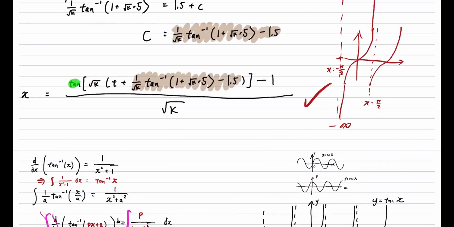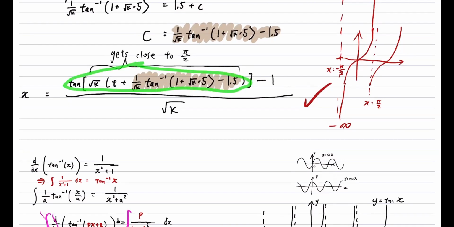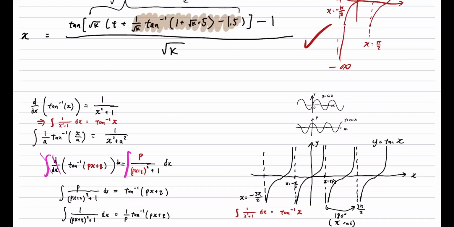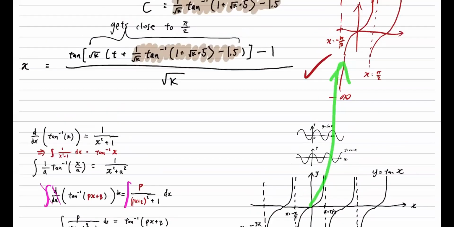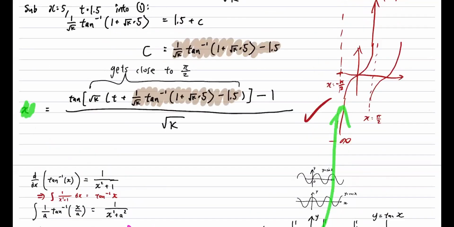So if this quantity gets very, very close to pi by 2, what does that mean about this tangent value? It will go closer and closer towards infinity. So your x is getting closer and closer towards infinity.